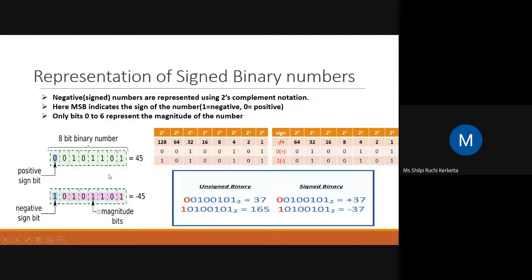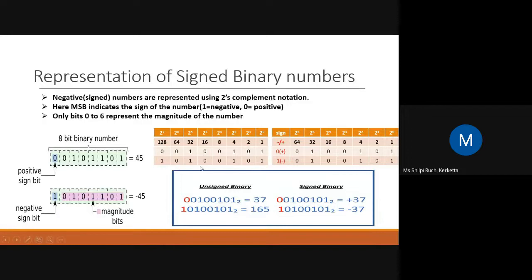We take the most significant bit and assign it as a sign, representing whether a number is positive or negative. So if this number is 101000101, and we say it is an unsigned binary number, that means it is only a positive number. No sign is there.